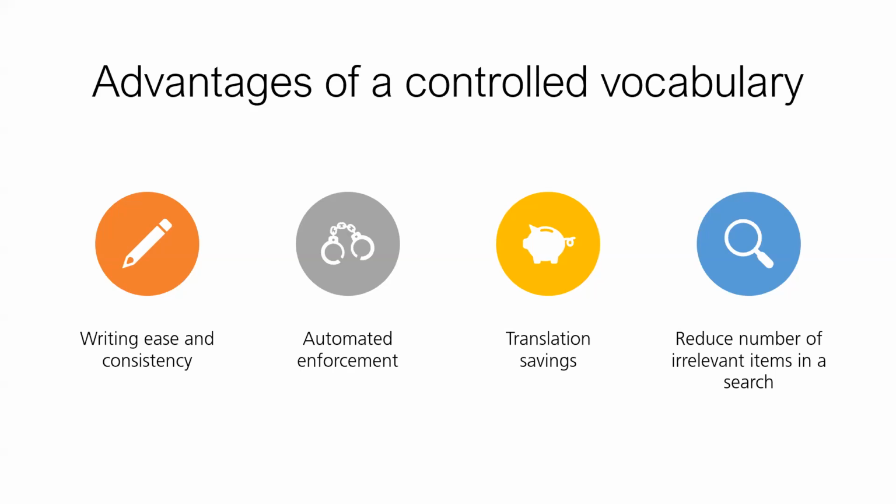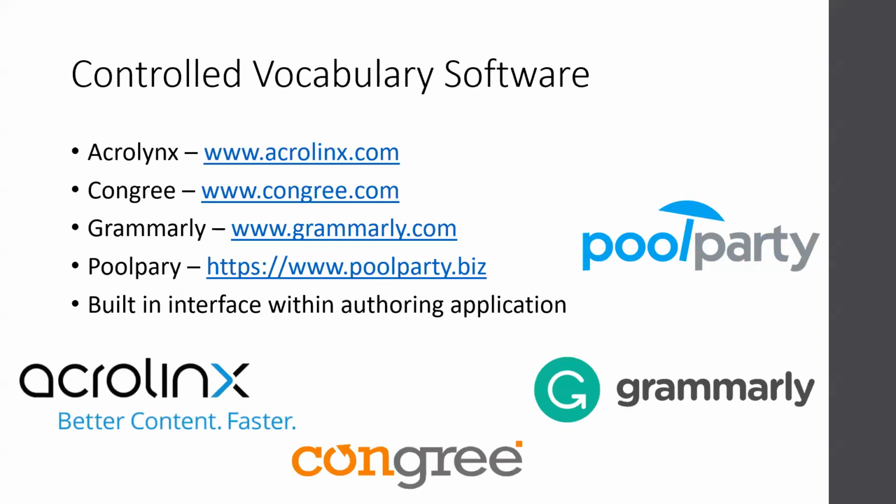And we can look at some of the software products that are available for a controlled vocabulary and actually what they do. You can see there, I've pulled out 4. There's more than 4, but these are probably 4 of the top controlled vocabulary software solutions that are out there.